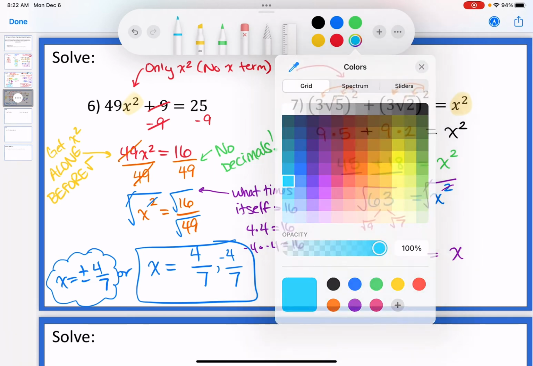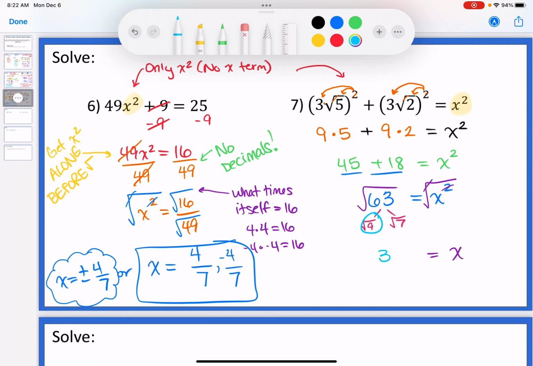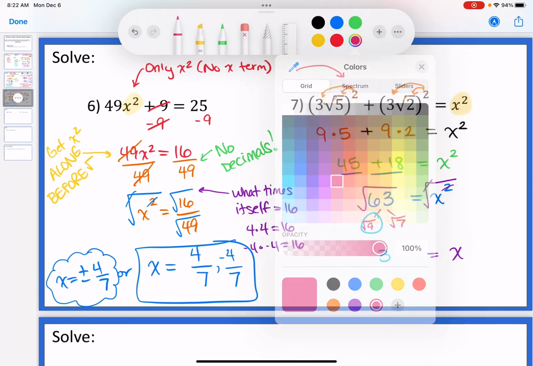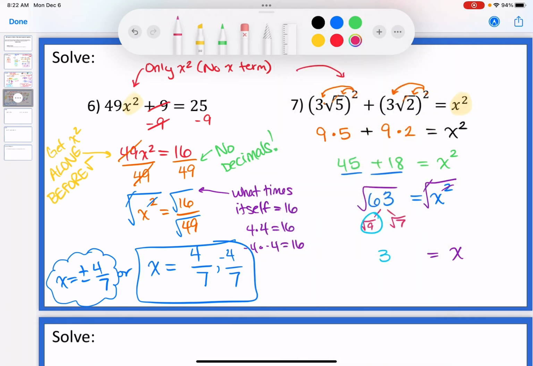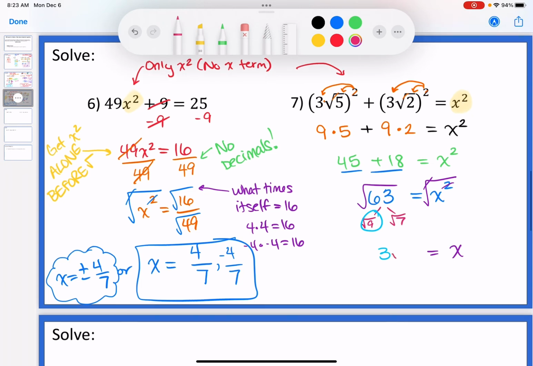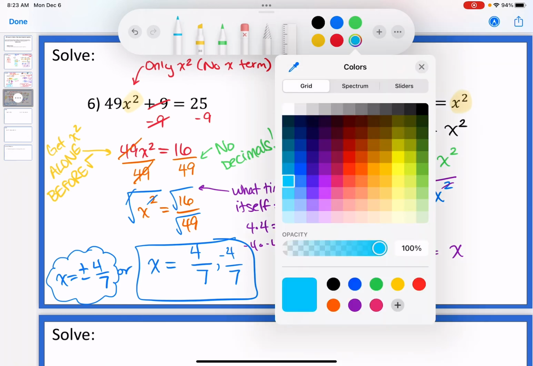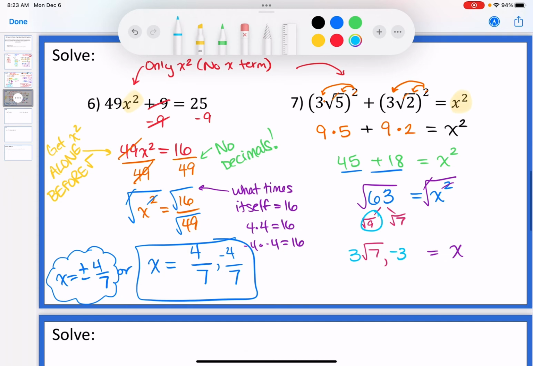So I'm going to, square root of 9 would be 3. Square root of 7, I can't simplify. But don't forget, I need a positive 3 radical 7, and I need a negative 3 radical 7. So I need to have two answers here. Negative 3 radical 7.